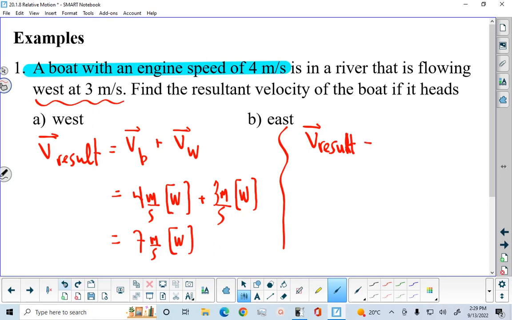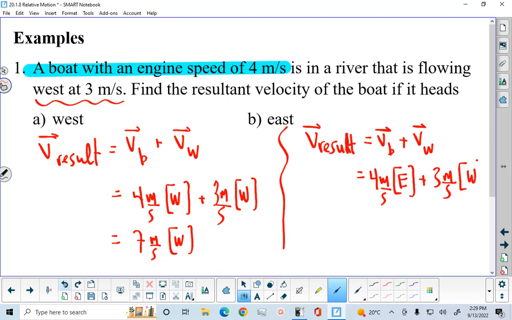The resultant velocity is still the velocity of the boat plus the velocity of the water, except now we're taking 4 meters per second east, and we are adding 3 meters per second west, which is only going to give us 1 meter per second east.